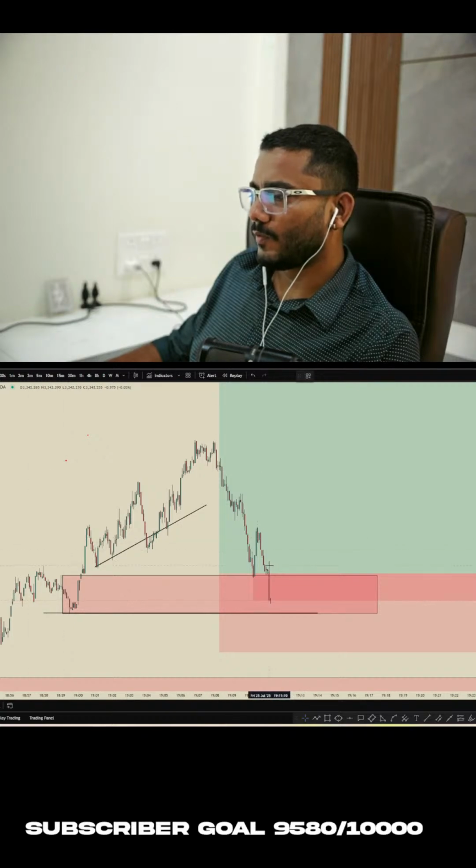Okay. After this break, I will look for buy. The candle should close above the structure.